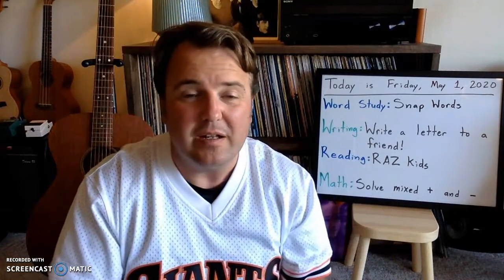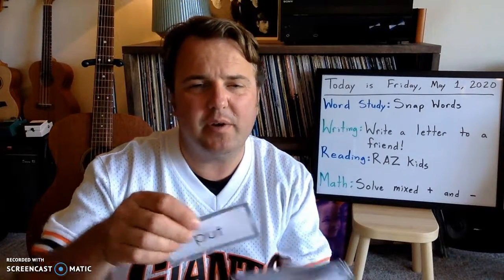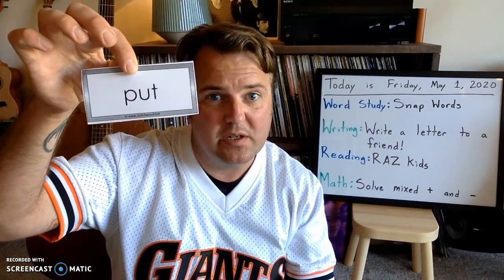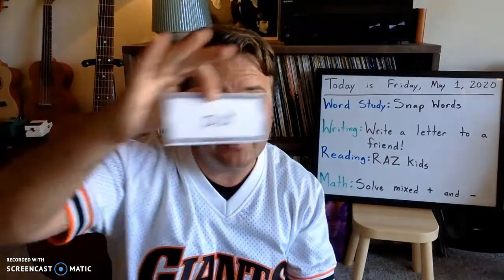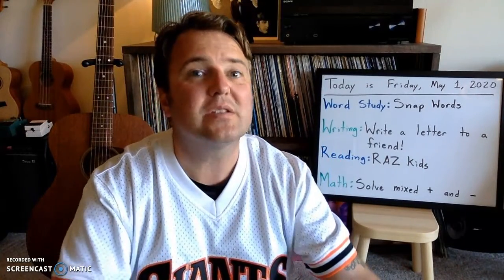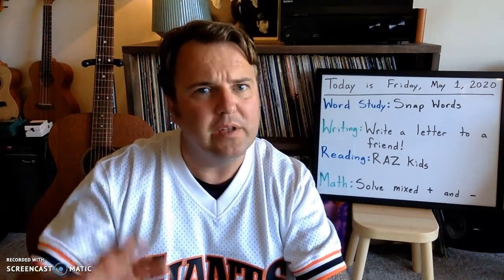But another way is to sort them just like we did in class. Do you remember how I would put certain words in the group A column and certain words in the B column, and I would make you guess what the rule was? Sometimes the rule was only words with an A are allowed on this side, and all the other words can be on this side.